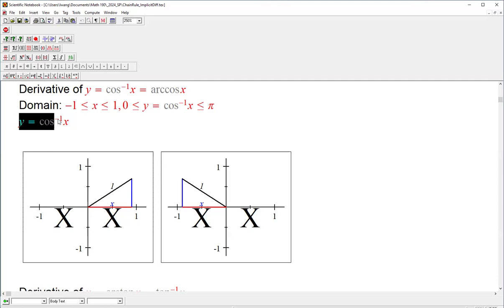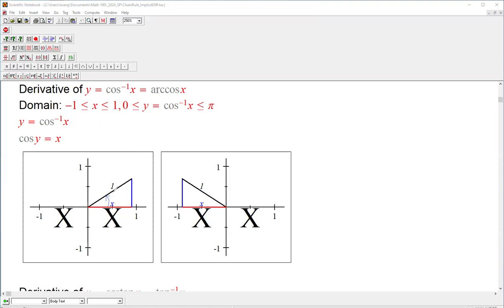So from this piece of information, from this assumption, we know y is angle, x is ratio, cosine ratio, and this implies that cosine y is equal to x. What does it mean, cosine y equals x? It could be one of these two cases. Case 1, y is measured counterclockwise.